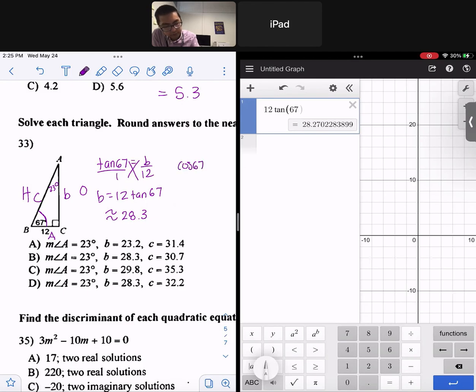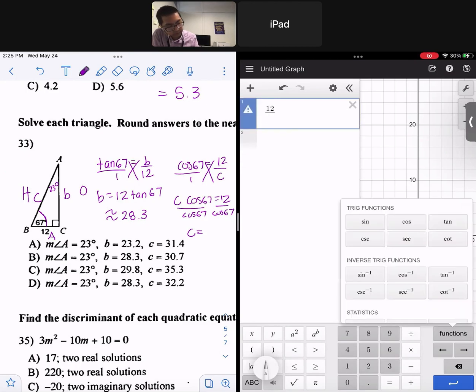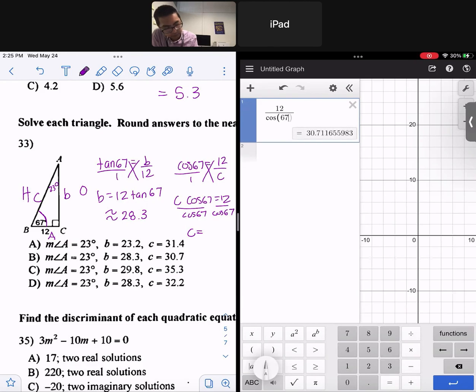Cosine 67 equals adjacent over hypotenuse. So we're going to get C cosine 67 equals 12. Divide both sides by cosine 67. So C equals 12 divided by cosine 67, which is going to be 30.7, which is going to be B.